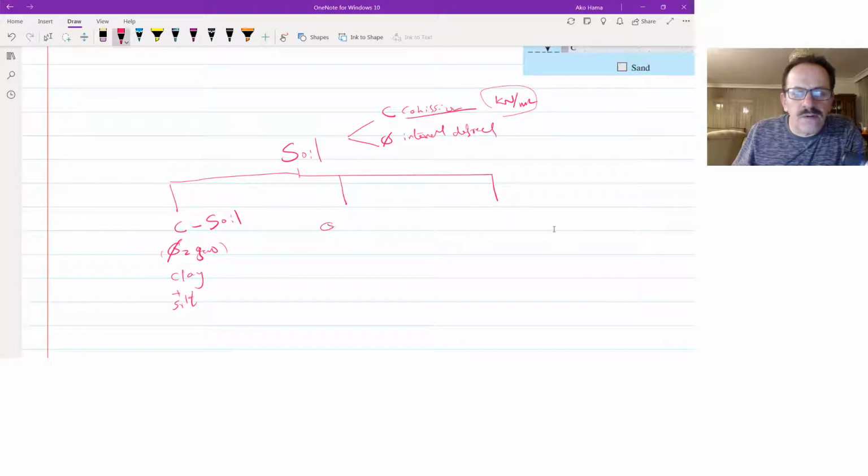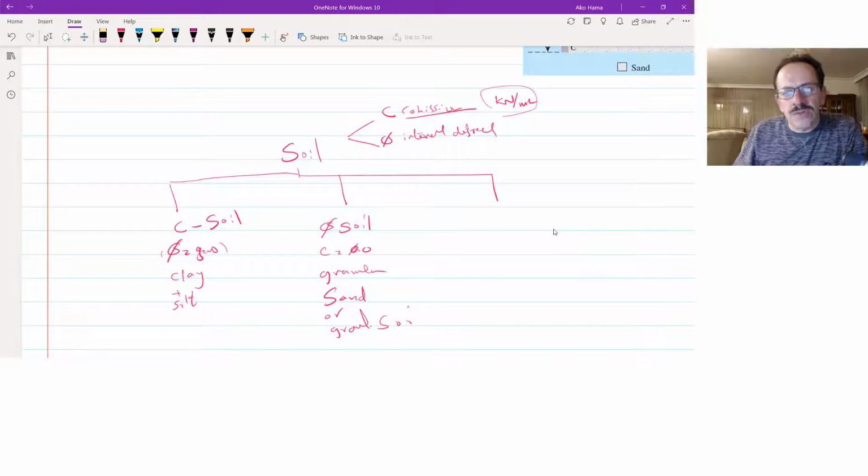We have phi soils, and these are soils that have zero cohesion, which means they are mostly granular. It means either sand or gravel soil.